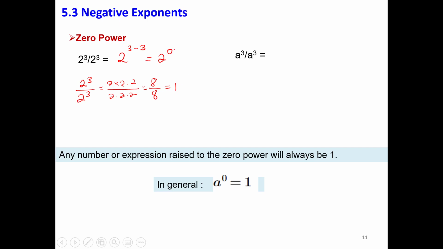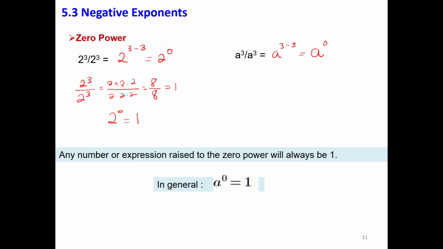Then what we can conclude from this is these two expressions must be equal. Yes, must be equal. And here we can conclude 2 to the 0 must be equal to 1. And this works also if we had variables, as we had in this case. The base is a, and the exponent will be 3 minus 3, from applying the quotient rule.